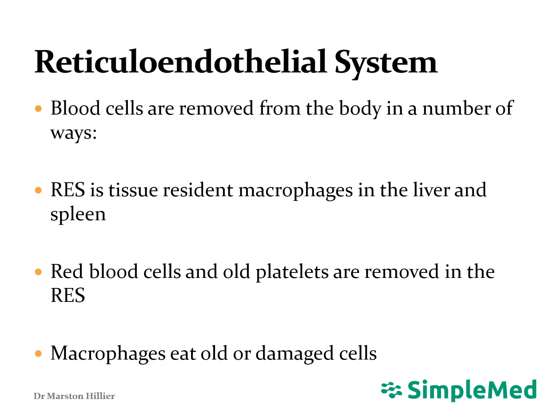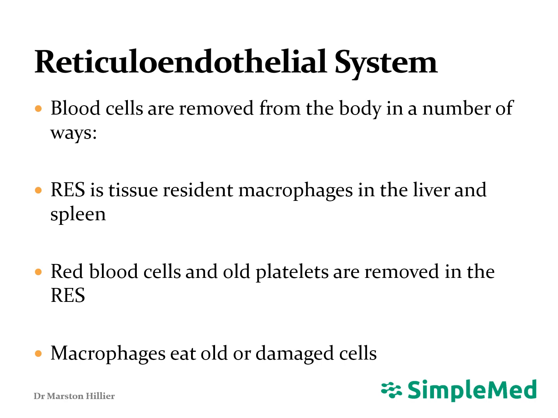Now we've spoken about how the body makes cells of blood, the next question is how do we remove old ones or damaged ones? Red blood cells and old platelets are removed in something called the reticuloendothelial system. This is essentially a fancy name for specialised macrophages which are resident in the liver and spleen.